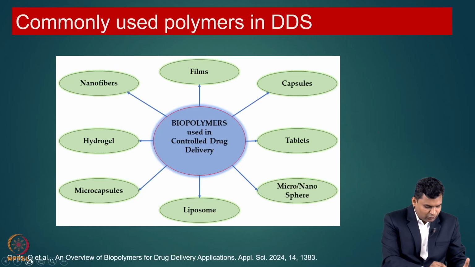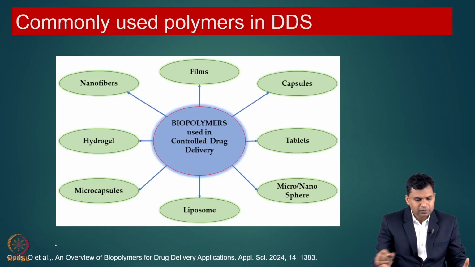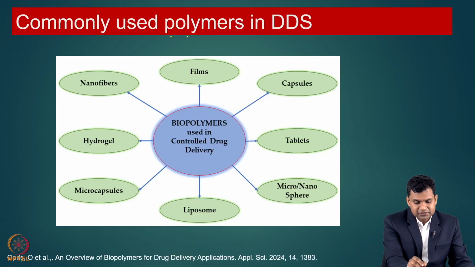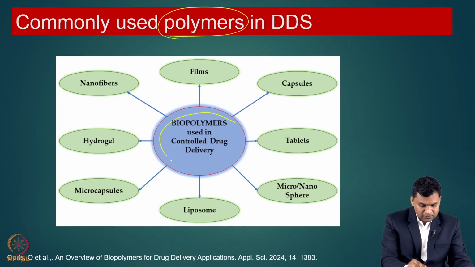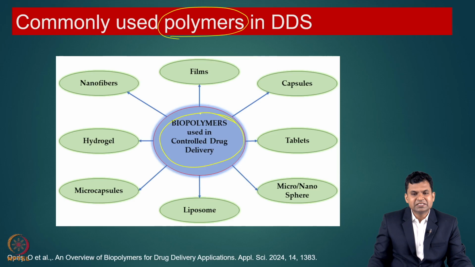So, here we know that we use these polymers and can make various controlled release formulations. We can make controlled release capsules, and we can also convert them into various types of controlled release tablets.